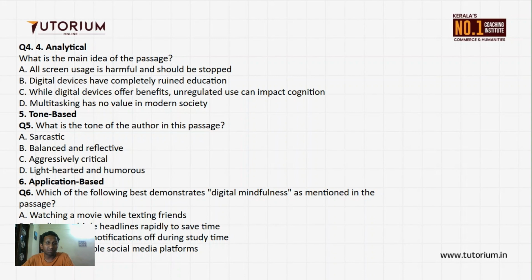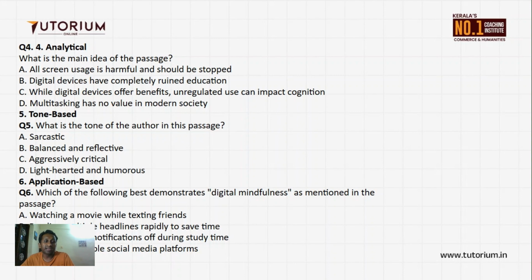Now, which of the following best demonstrates digital mindfulness as mentioned in the passage? So, this is an application-based question. You understood what digital mindfulness is from the passage. Now, you have to apply it in a different context. So, which one of these can be seen as a step towards digital mindfulness? Watching a movie while texting friends is not digital mindfulness. It is just doing multiple things at the same time.